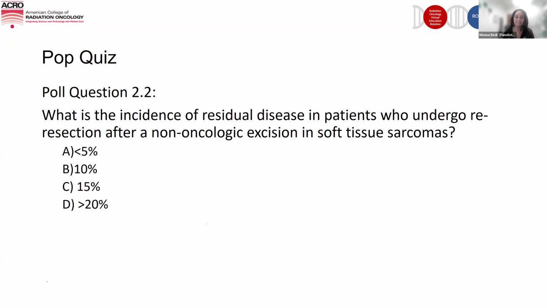Next slide, please. So that brings us to our second question of this block. What is the incidence of residual disease in patients who undergo re-resection after non-oncologic resection in soft tissue sarcomas?